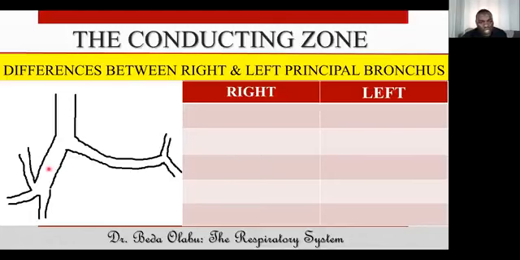From here, this is the right one, this is the left one. We can appreciate that the right main bronchus is wider than the left one. We can also appreciate here that the right main bronchus is shorter. If you look at this length from here to there, it is shorter than from here to there.